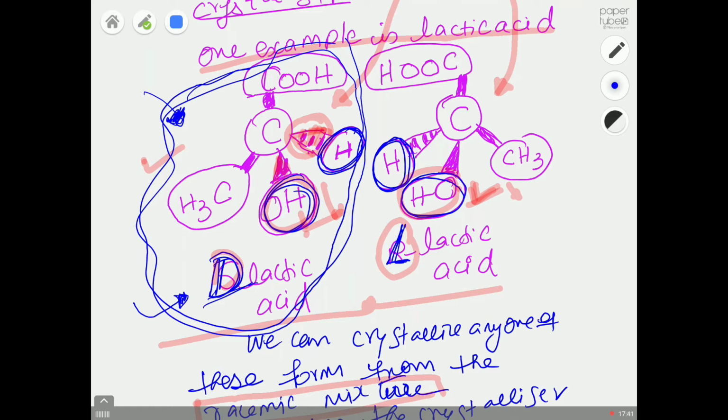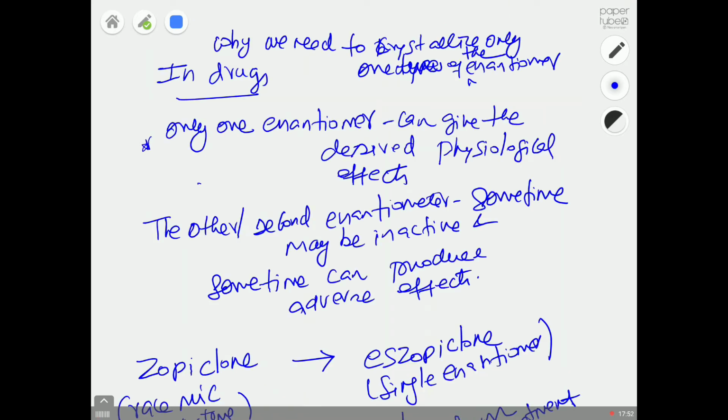So let's go a bit more into the topic. Why do we need to crystallize only one part of your enantiomer? I put some examples. I know pharmaceutical chemistry students might have studied this in some other module. Only one enantiomer can give the desired physiological effect.